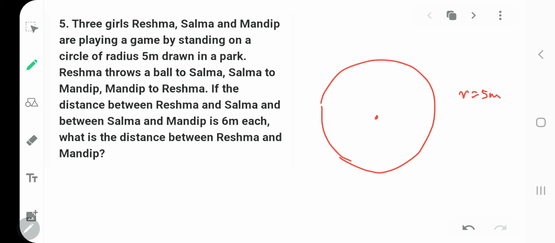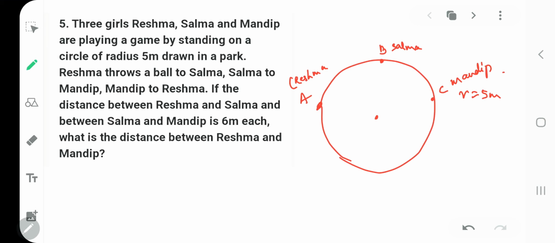If I just represent the position of Reshma, Salma and Mandeep to be A, B, C. So if I keep Reshma here at A, this is Reshma. Here B, this is Salma, and here C, which is Mandeep.